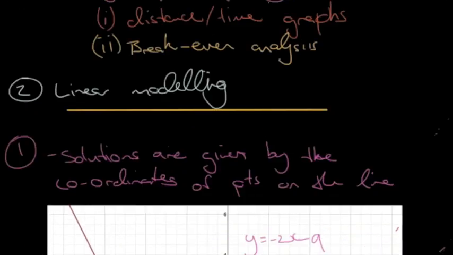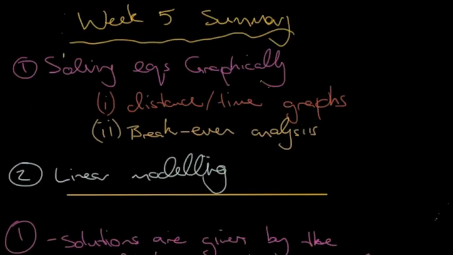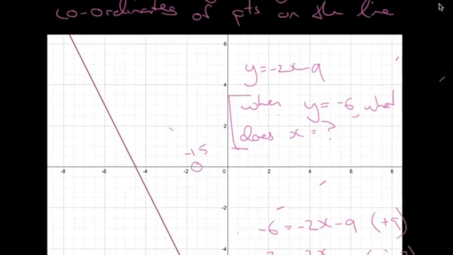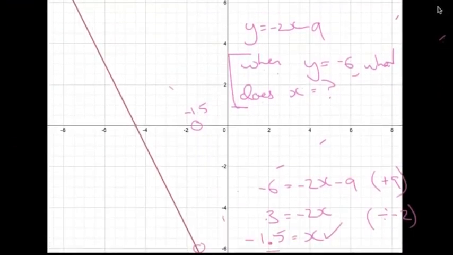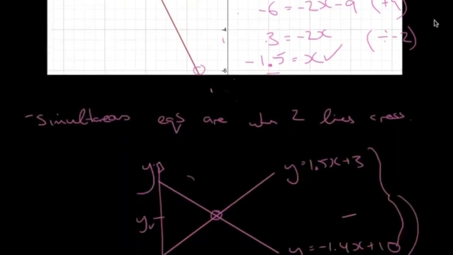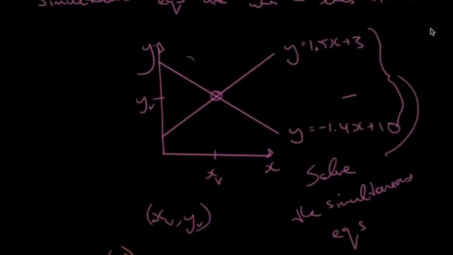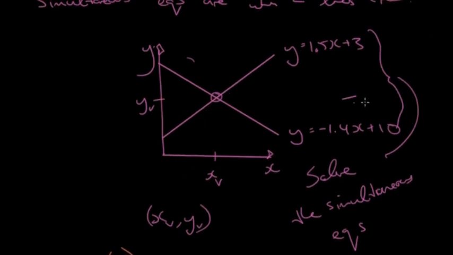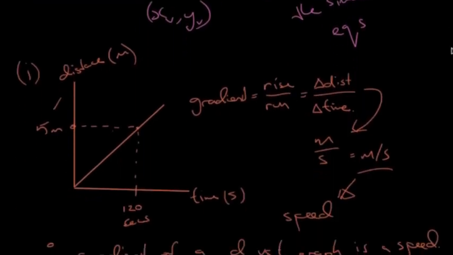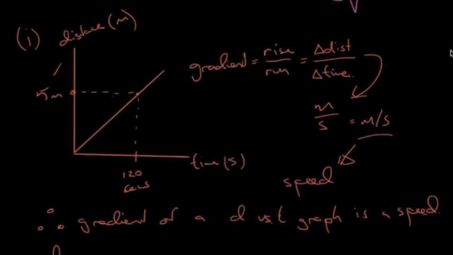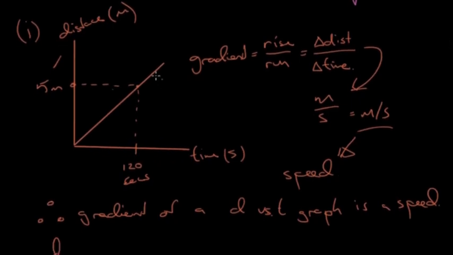So that's what we've had a look at today. We've had a look at solving equations graphically, how we can read off the equation how to find the data. We had a look at simultaneous equations and how they're a combination, or they're the shared point between two linear graphs. We had a look at distance time graphs, and we found out that the gradient, the rise over the run, is actually a speed.